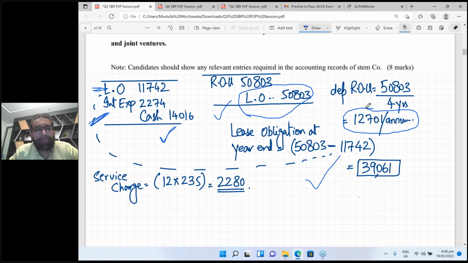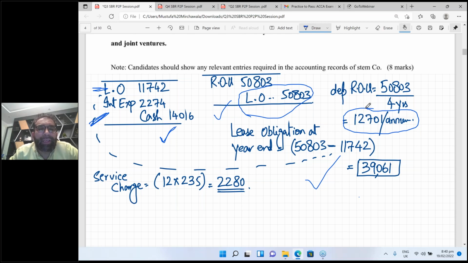Now, one more thing. As a student, you may ask, sir, what will go in the PNL? Listen. Interest expense will go in the PNL, 2274, depreciation expense 12701 will go in the PNL, and service charge 2280 will also go in the PNL. I repeat, I'm just discussing option number one right now.